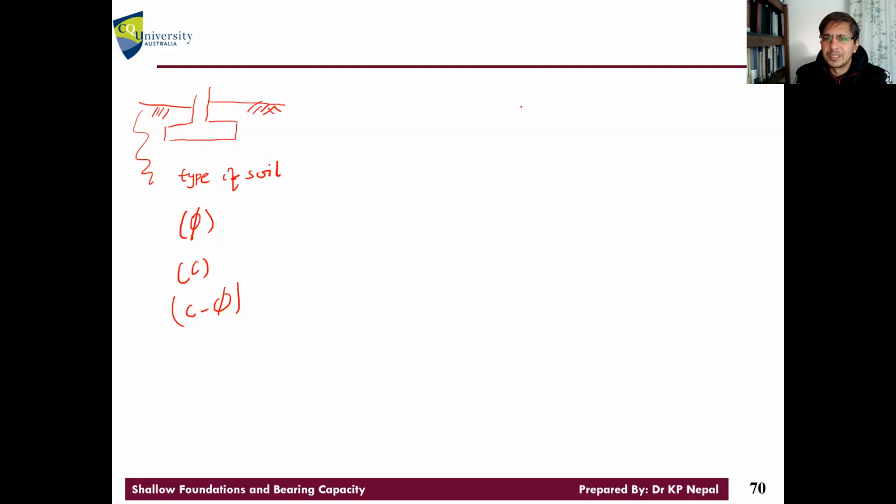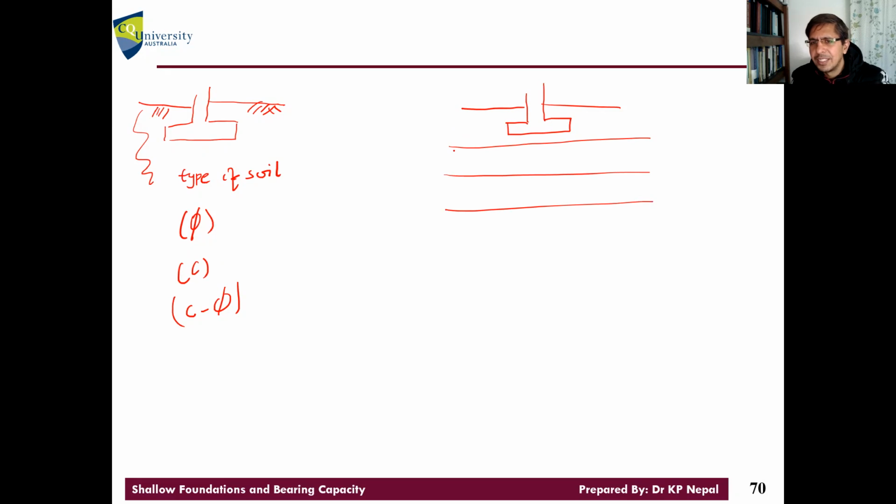But now what happens if we put footings on different layers, right? Maybe let's say this is one layer, then another layer, whatever. You see, if we put a footing here, the failure goes like this. We learned that in Terzaghi's theorem, right? It goes like that, and in any other theorem also.